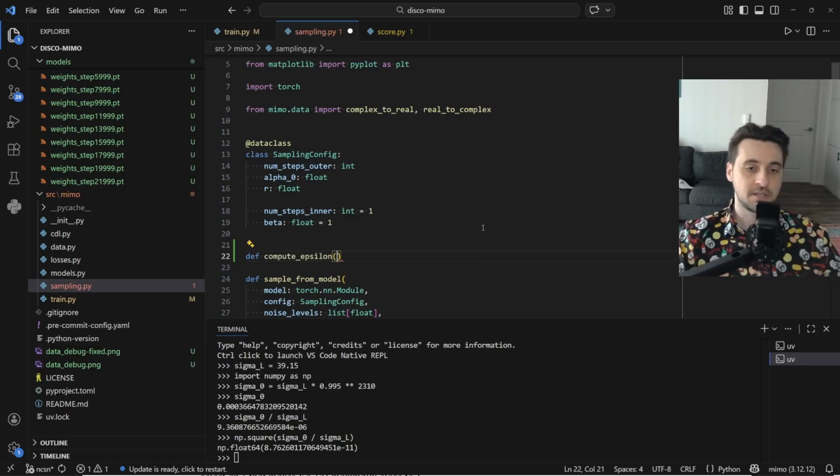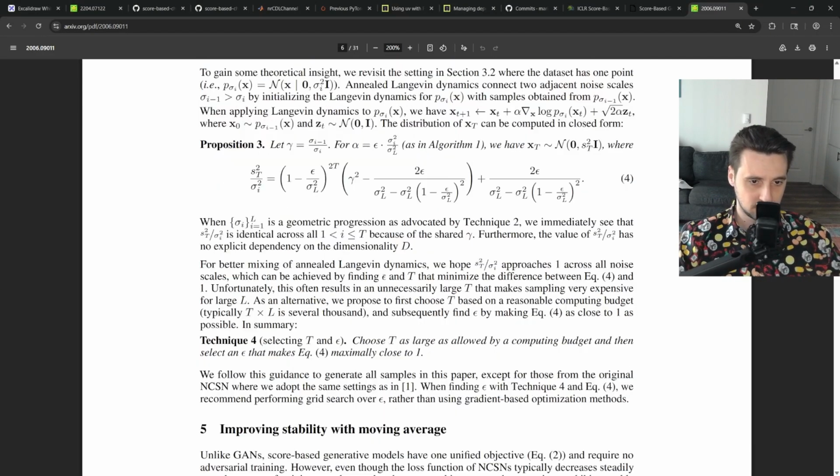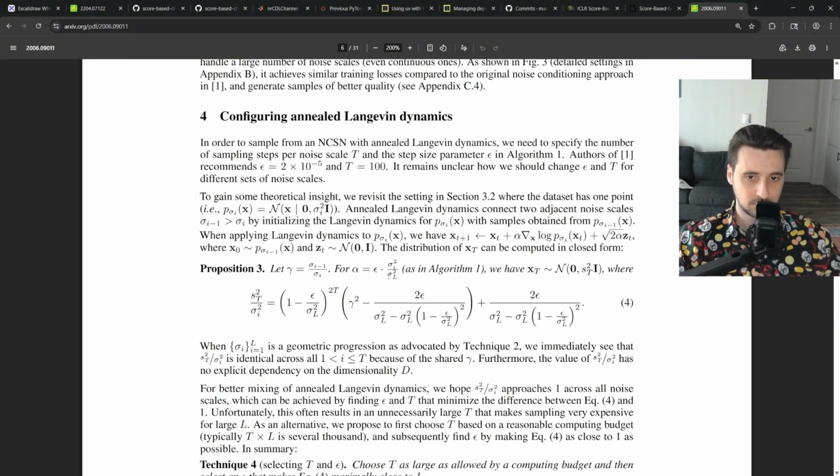It's going to take as input T, sigma L, and gamma, which is the ratio. It's a decreasing ratio, so gamma is less than 1. And that's it.